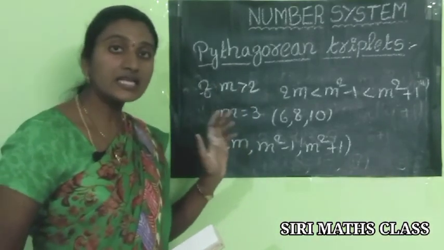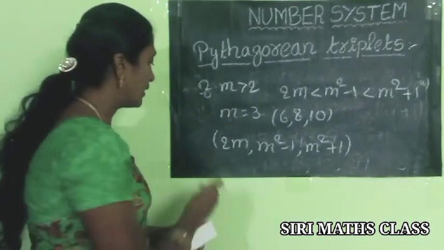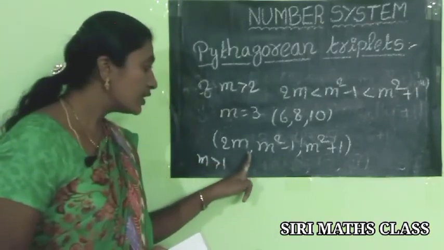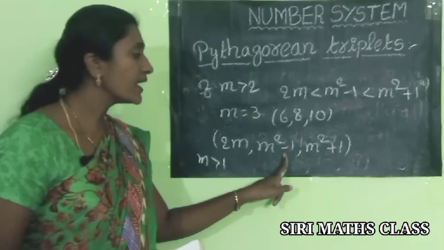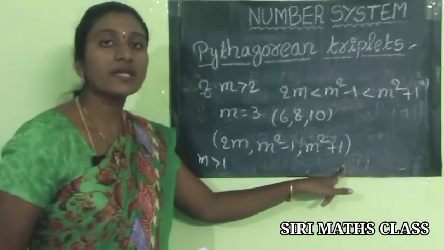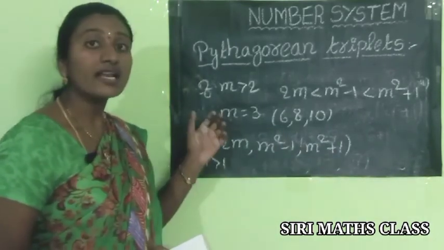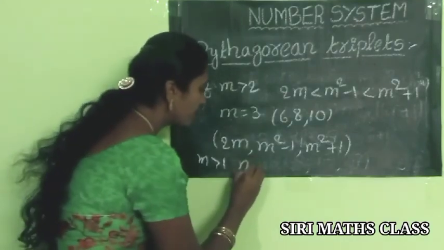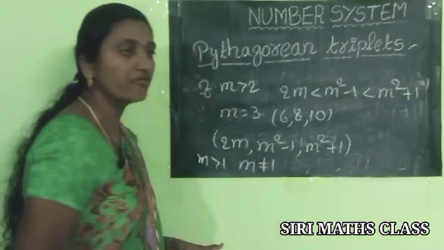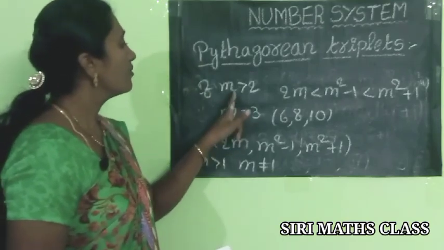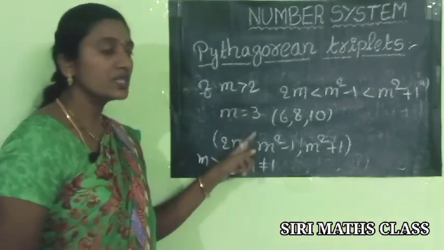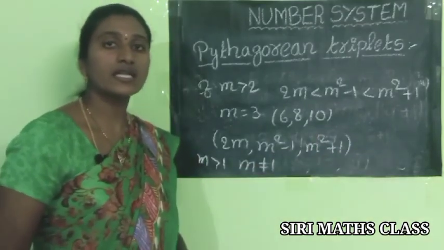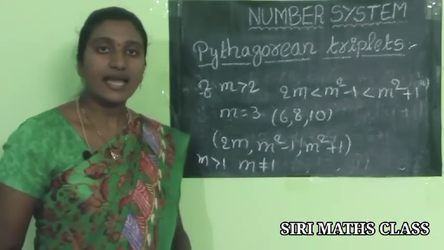If m is greater than 1, the condition is 2m, m square minus 1, m square plus 1. Already the condition is there, m greater than 1, so m value we can't take 1. We can take m value 2, 3, 4 and so on, and we get the answers. These are the Pythagorean triplets. Thank you so much.